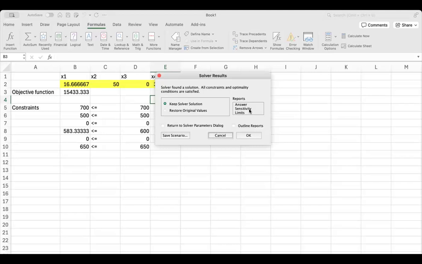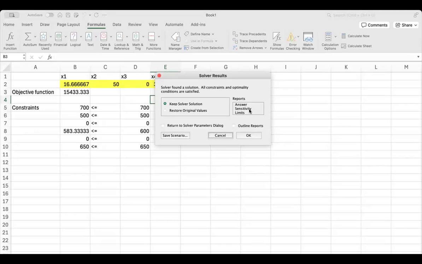Okay, finally I got the solution. I know it's the linear solver because previously you saw that there were no reports here. If you select GRG Nonlinear, you will not get a sensitivity report.